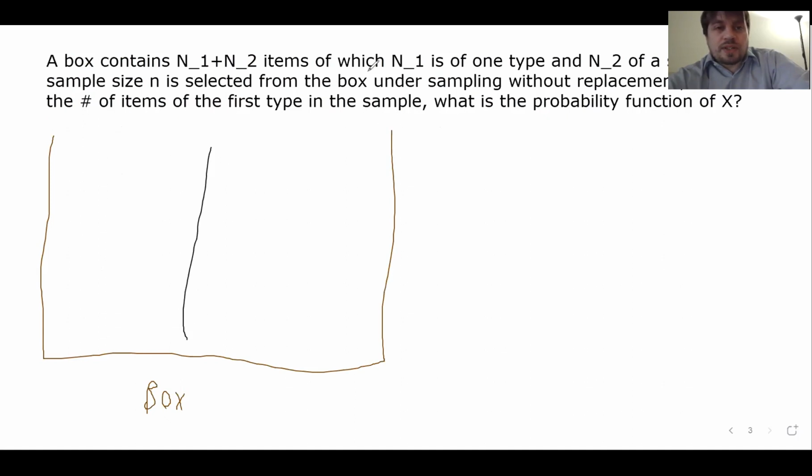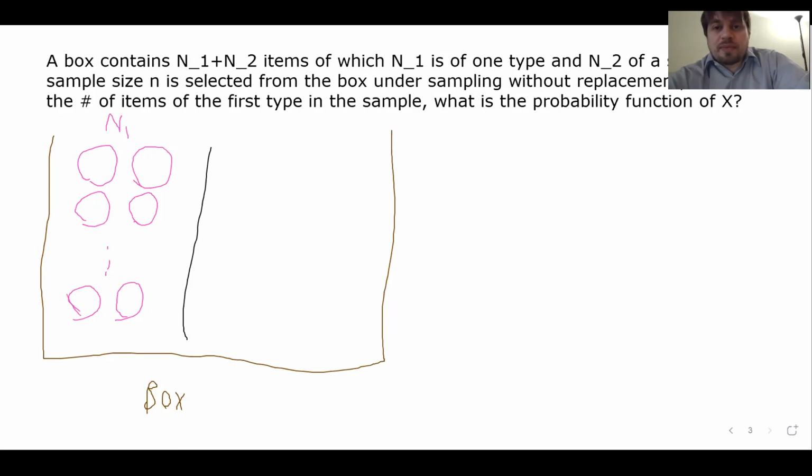There's N1 items of one type, this is type 1.